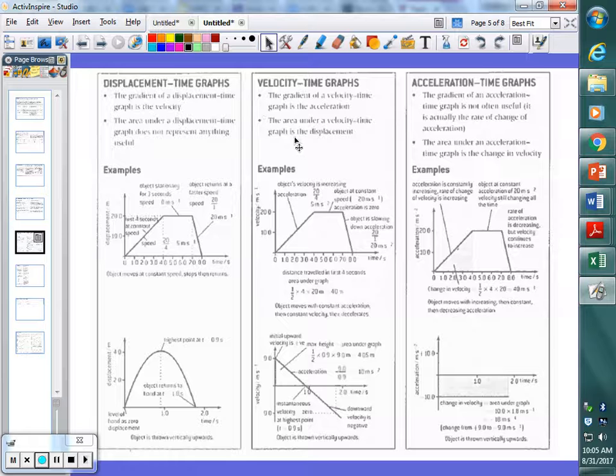So the slope on a velocity graph tells us the acceleration. But the area under the curve, or the area that we calculate in this space here, would actually give us the displacement that occurs during that time. Okay?